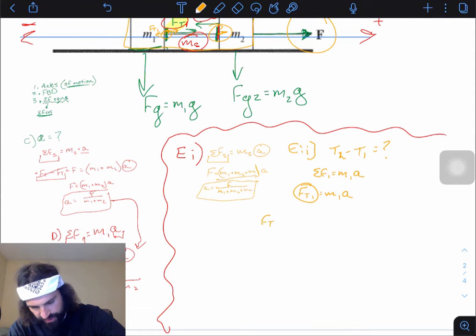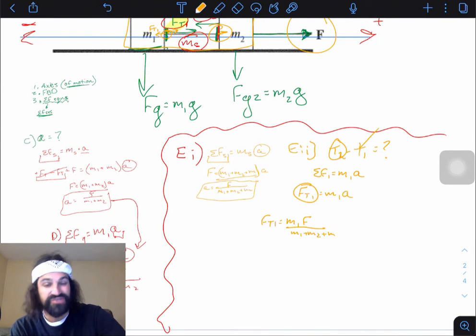So tension 1 equals m1 times this jumbled mess that we got in the previous problem. So m1F over m1 plus m2 plus m. So tension 1, done.